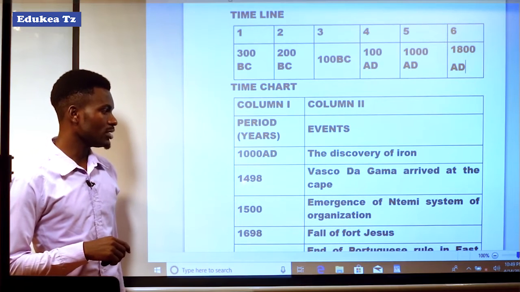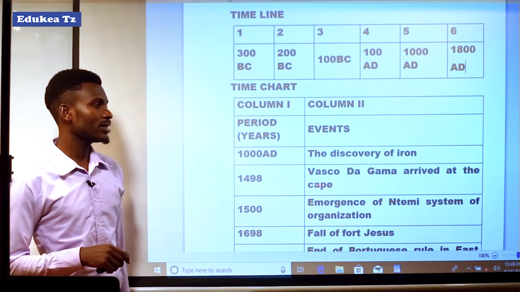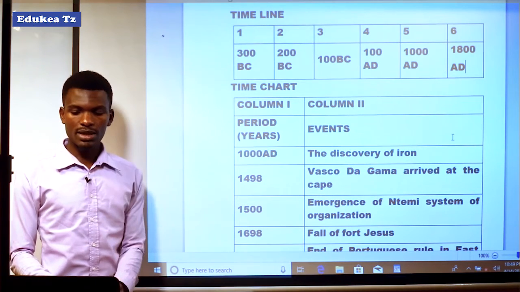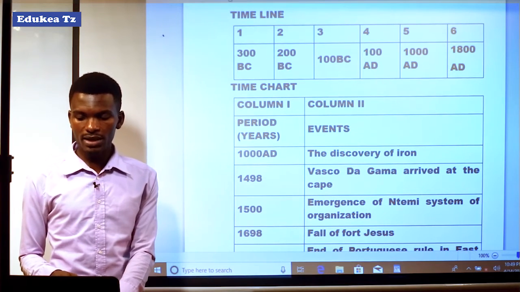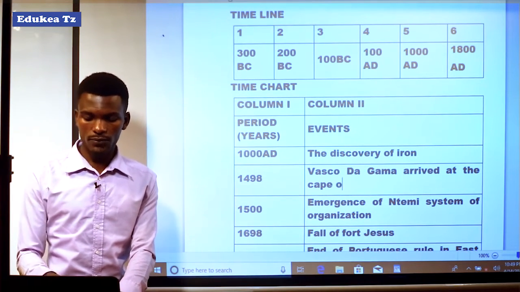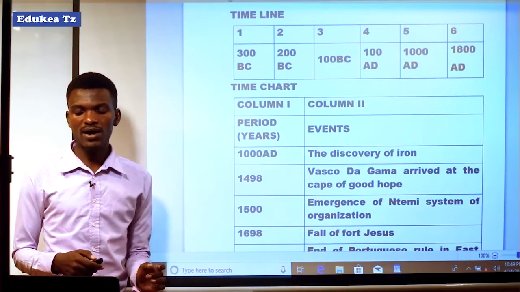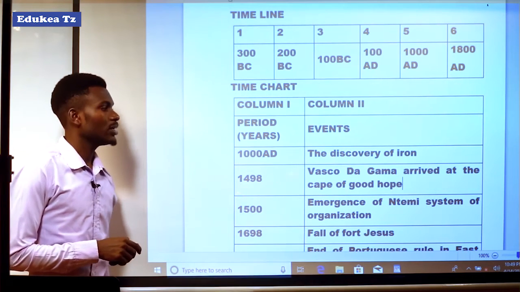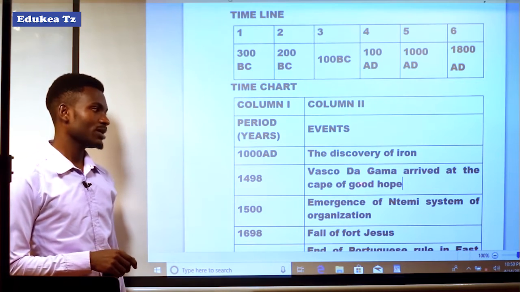But in 1498, Vasco da Gama arrived at the Cape of Good Hope in South Africa. So here there is the year, and on the other side there is the event that took place.